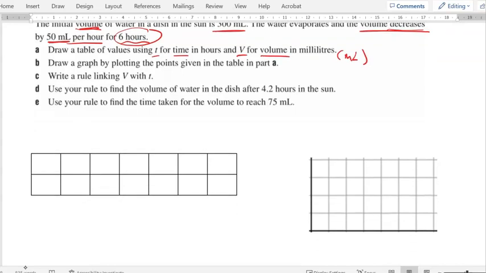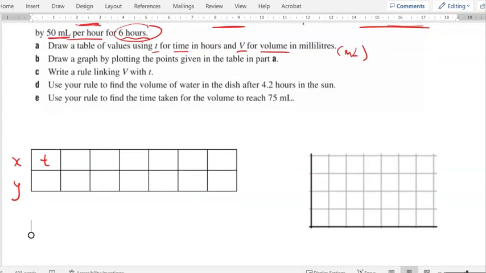So our hours, T for time, is going to be as if it were our X, and it's going to go along this way. So our time will be, we can have no time at all, and then 1 hour, and we're going to call this time in hours. And then the other way, our y-axis is going to be our V for volume, and that's going to go up.